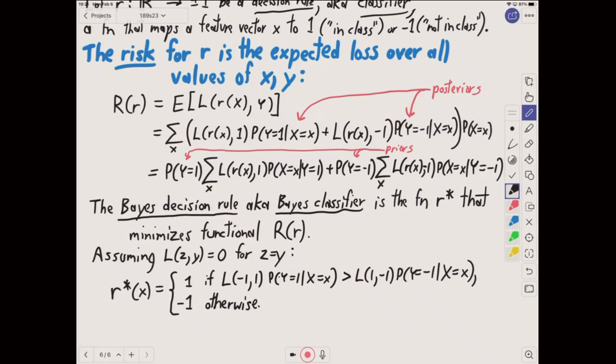So where did that come from? Well, it came from here. So what I decided is that I just want to make this as small as possible. So what I do is I say, well, my prediction can be a 1 or it can be a -1.